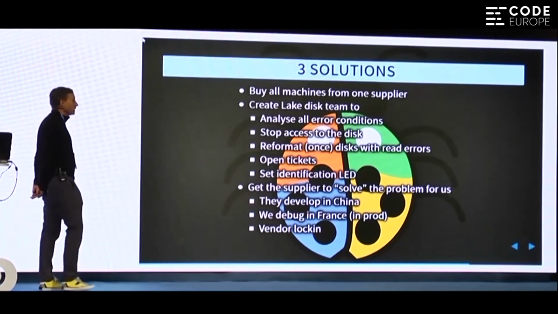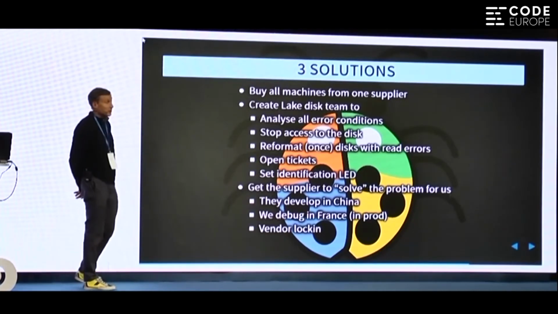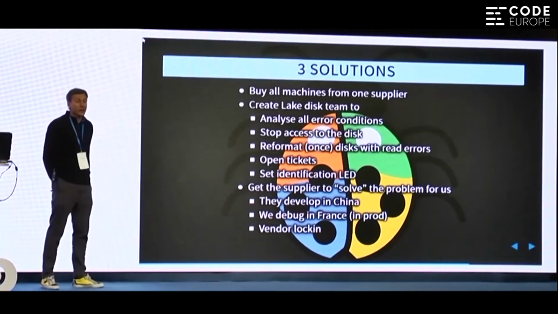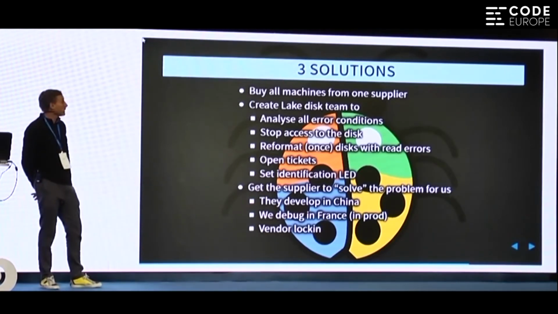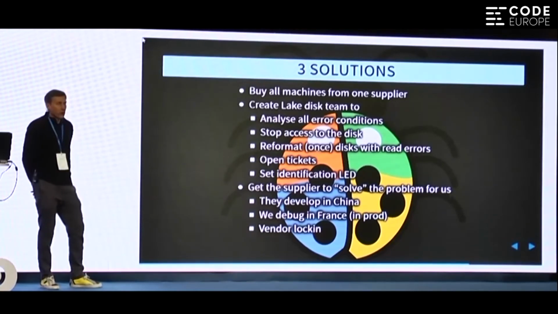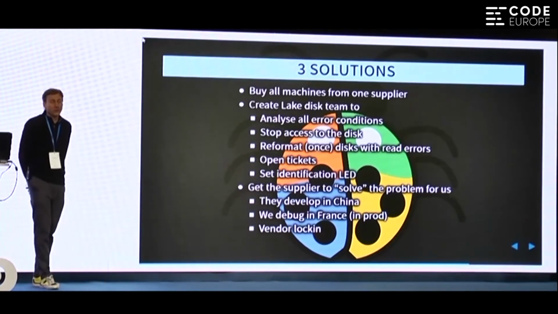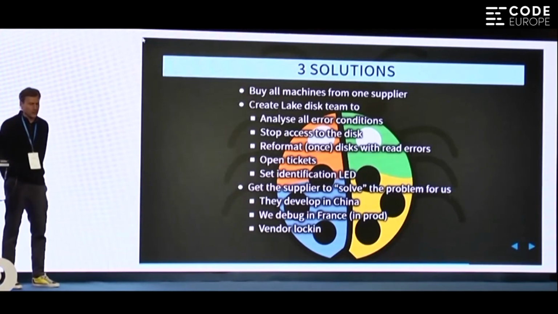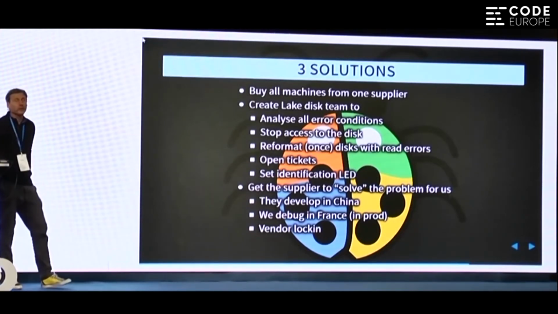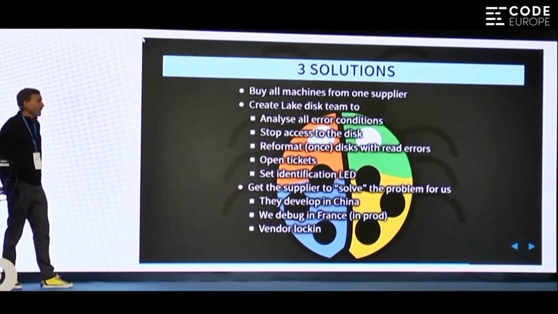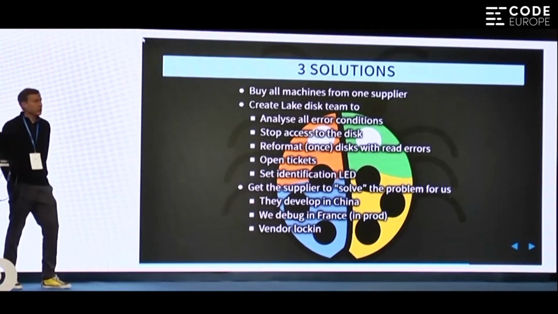When it's decided the disk is failed, it needs to open a ticket so the disk can be changed. It somehow needs to switch on an identification LED, but this is a lot of work that we're not big enough for. So we discussed with the constructor how other companies, like in China, do that, with even bigger clusters, and they just have lots and lots of people that deal with this situation.